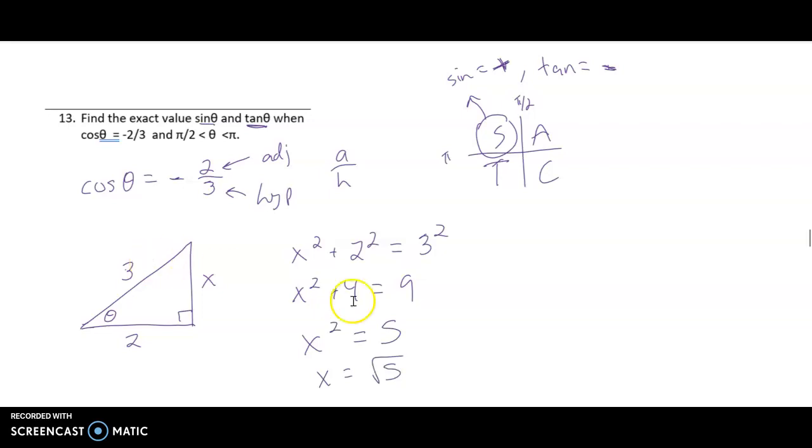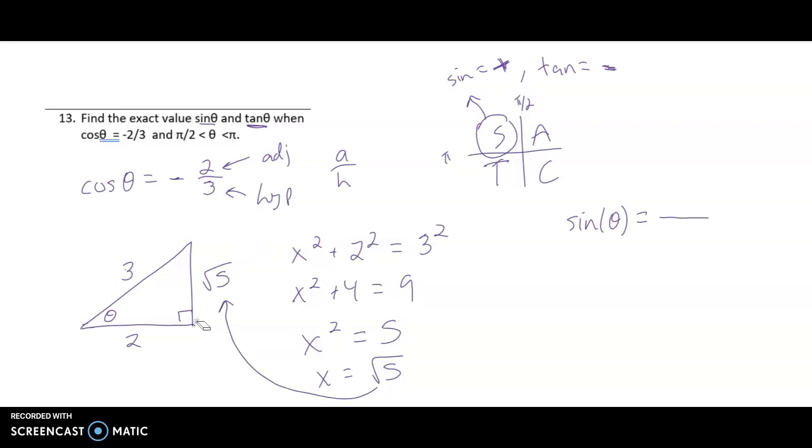So from there, I need to find sine of theta. And notice, from this work up here, we know it's positive. So I'm going to draw my fraction bar and leave it positive. And then here, let's also go ahead and erase this x and write root 5. So this is my opposite.